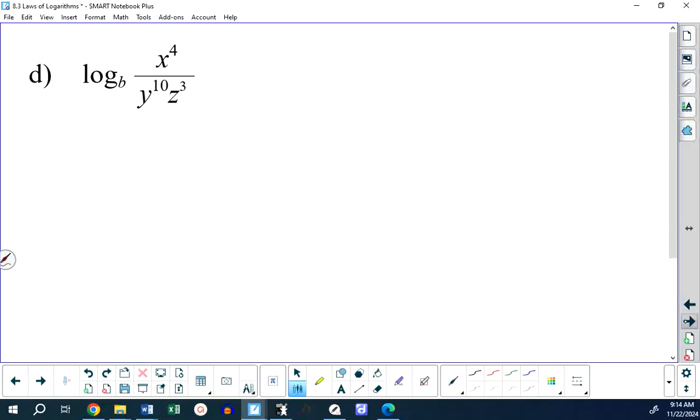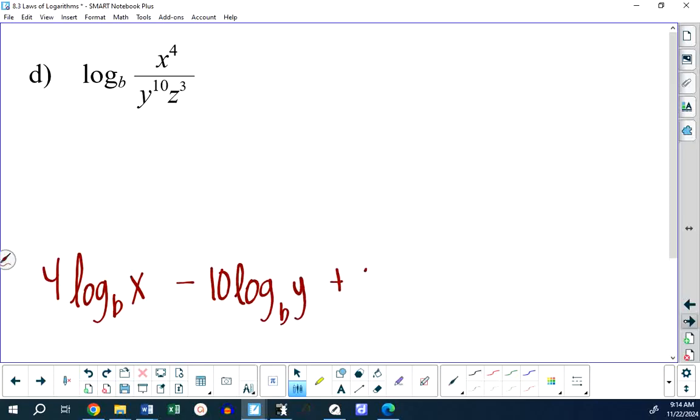So if you do that, and you write this as log base b of x to the 4, which is 4 log base b of x, and then you go minus 10 log base b of y plus 3 log base b of z. Are you with me on what I've just done there? It's wrong.